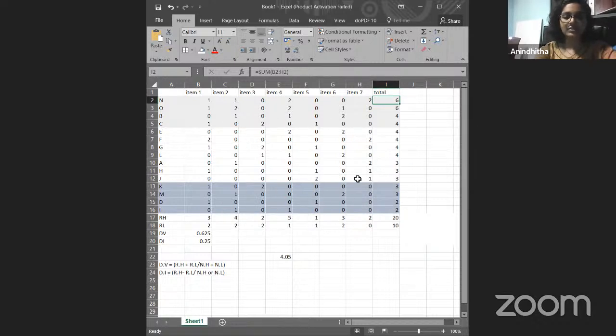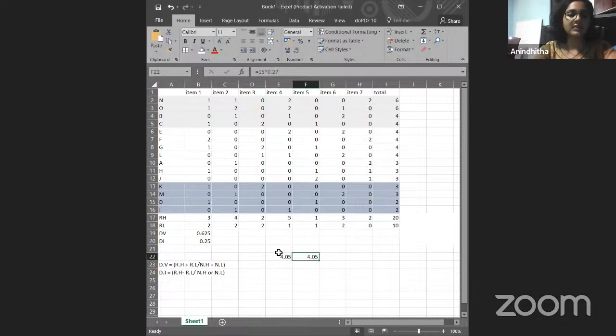Based on this, what was the second step? We had to calculate the top 27% and the bottom 27%. So we're just going to apply the formula that we have already done. I'm just going to type it out: equal to 15 into 27%, so 0.27 is what we type here, which gives us a value of 4.05.